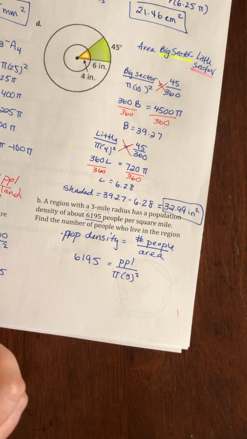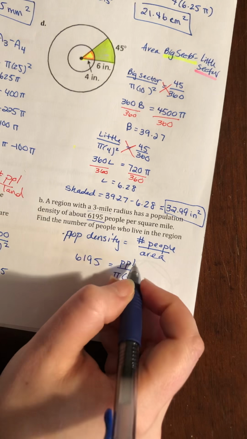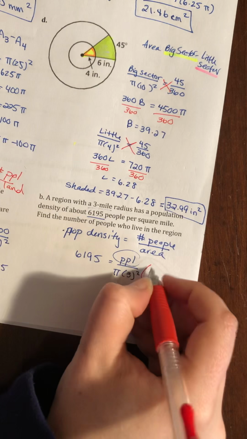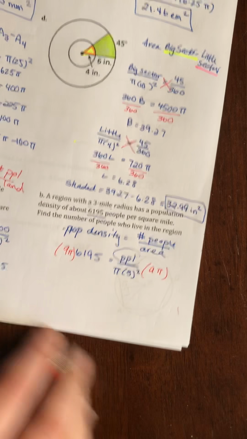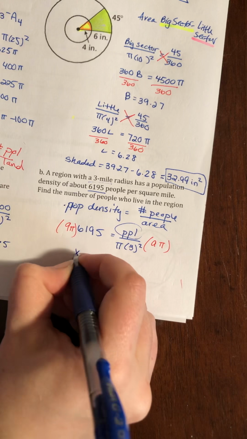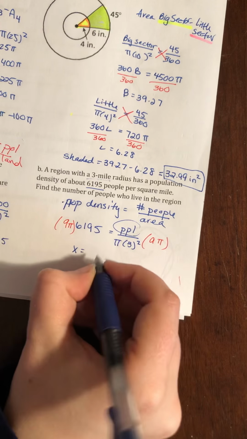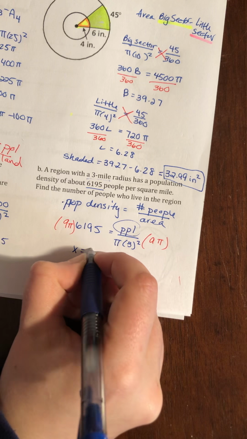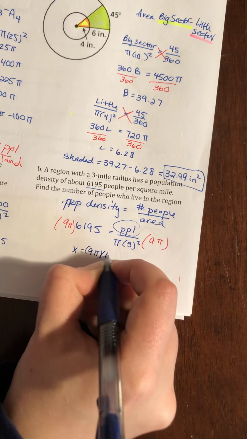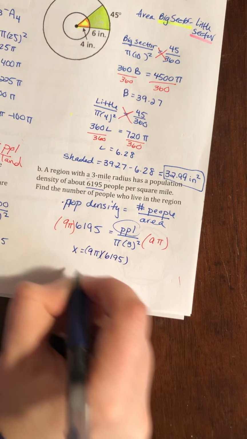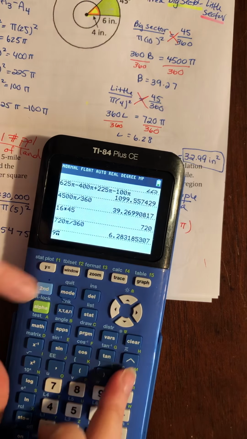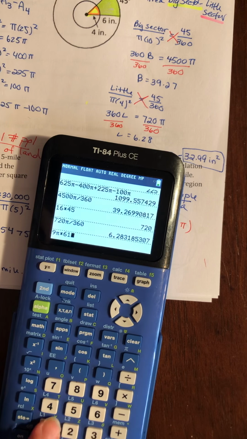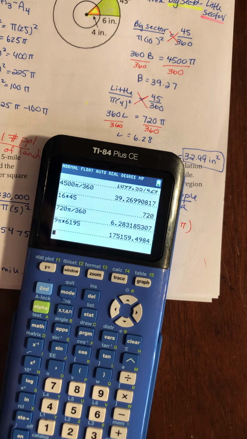So what I would want to do, because this is what I want, I'm going to multiply both sides by 9 pi. Because the number of people is what I want. So 9 pi times 6195 equals something with a decimal.